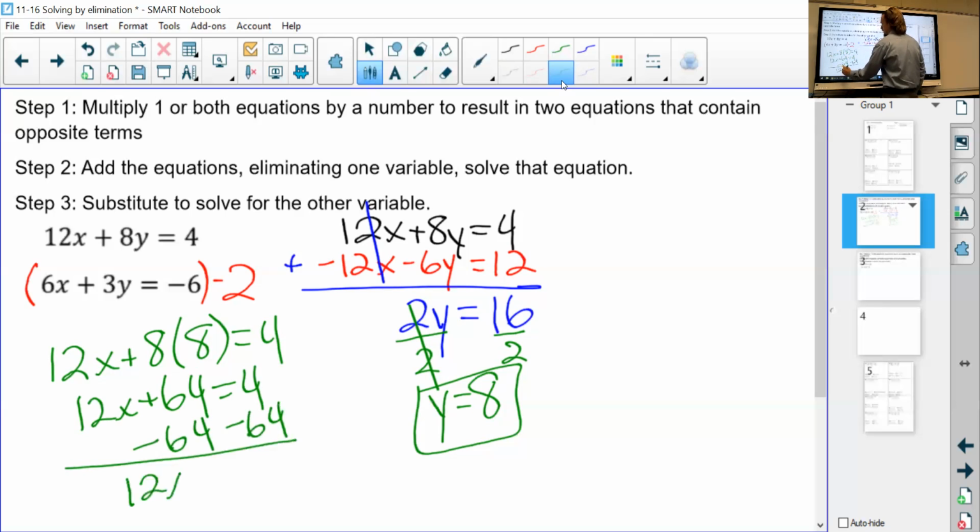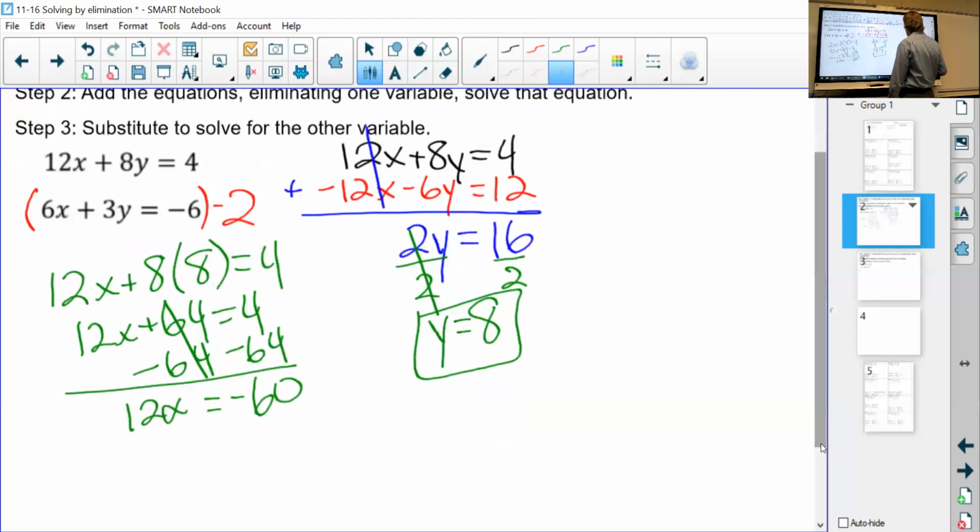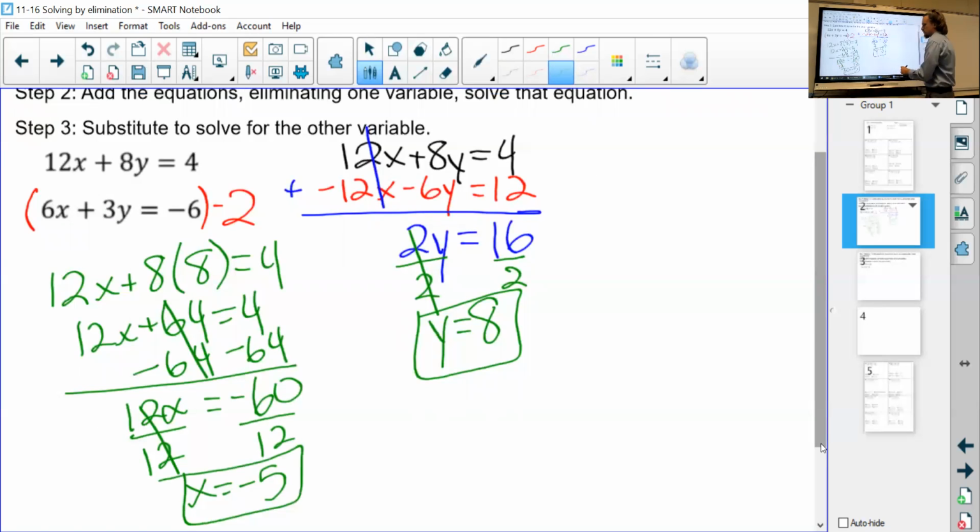So 12x equals negative 60. Let's see. We divide both sides by 12. We get x is negative 5. So we take those 2, we put them together, and we get a final answer of negative 5, comma 8.